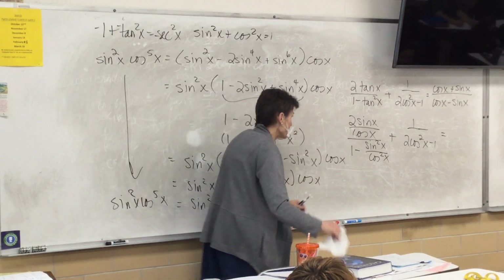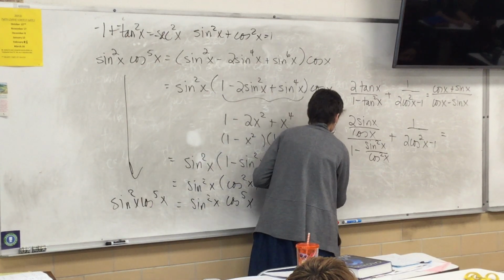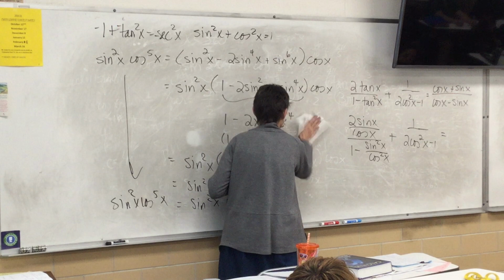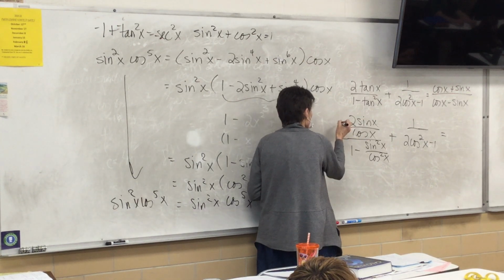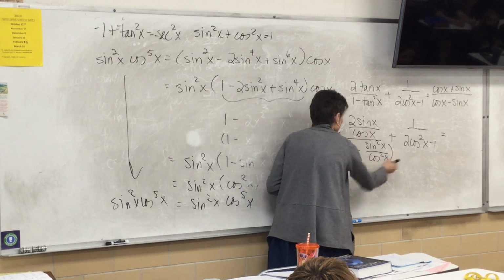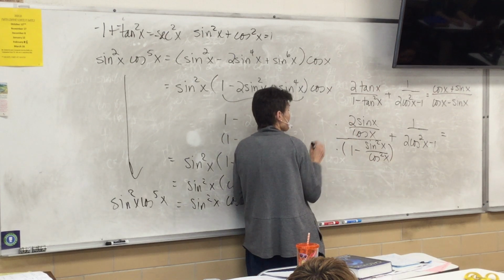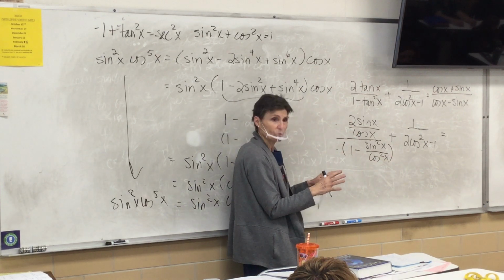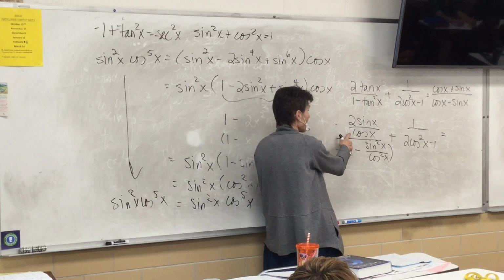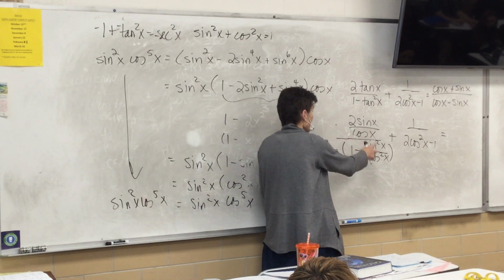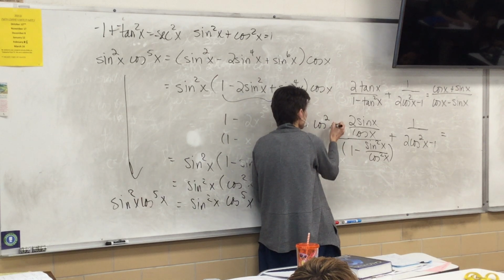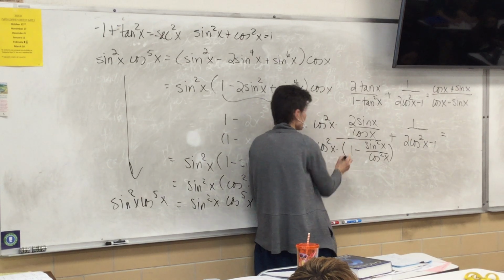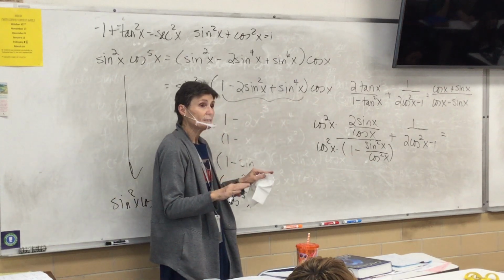So, in order to clean that up, the easiest thing to do is to multiply the top and the bottom by the common denominator of both of those fractions. So this fraction is cosine, this one is cosine squared, so I'm going to multiply top and bottom by cosine squared.